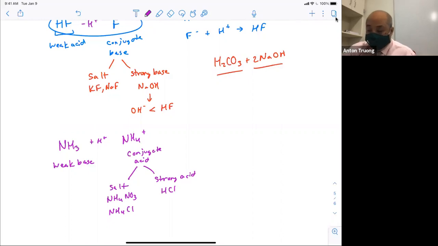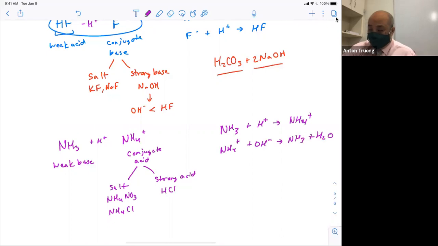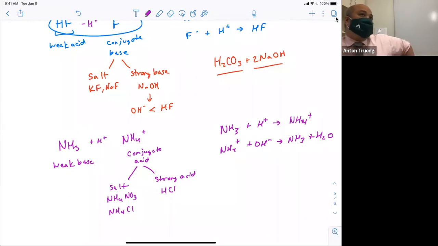And again, NH3 and NH4 work in tandem to create each other. And that's how that buffer solution works, because it's able to absorb the H plus and the OH minus into its conjugate system. Therefore, it's no longer freely roaming to affect the pH.